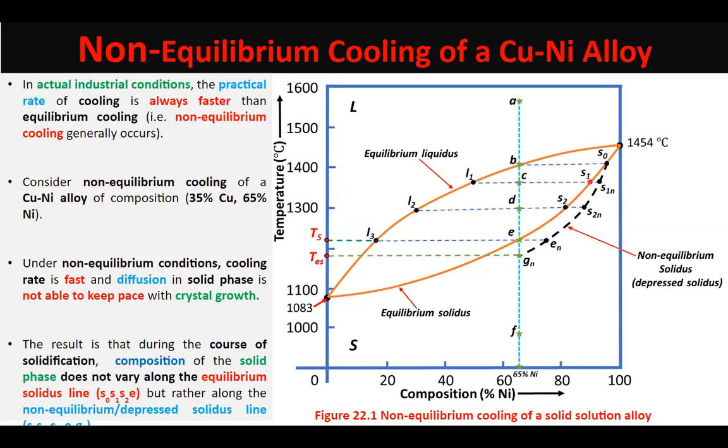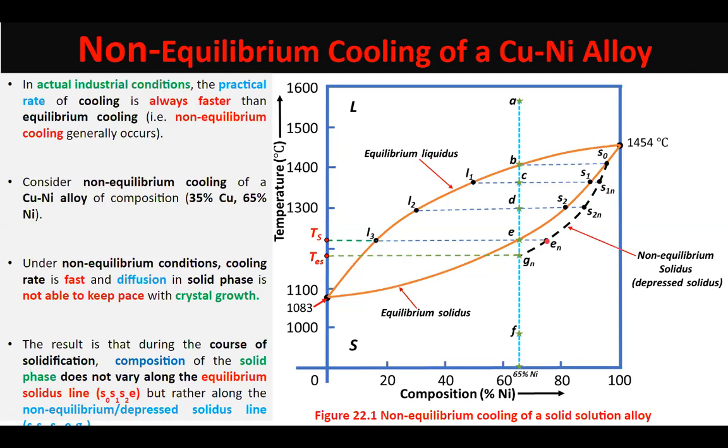So the shift is from S1 till S2N, right? Because I'm at temperature TD, I have to show the shift over here. Then when the temperature drops from TD to TE, the shift ideally should have been from S2 till point E. But because we are doing non-equilibrium cooling, the shift would be somewhere between S2 and E, and I have taken it as En.